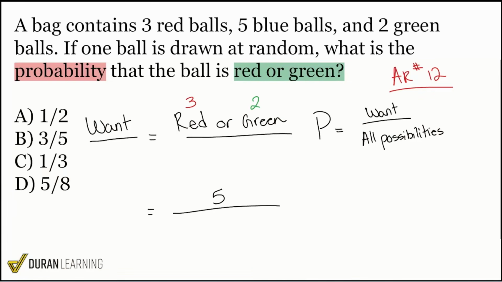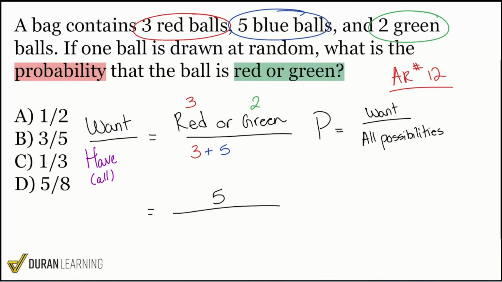Again, understanding when you see the word or, what do we do? The word or means you can add those outcomes together. 3 red, 2 green. Either or means we have 5 total chances. Then from there, how do we calculate all the possibilities or what we have? Well, everybody, we see that we have 3 red, we have 5 blue, and then we have 2 green.